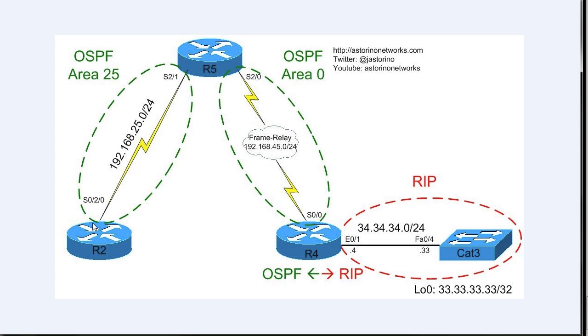So to fix that problem, the reason the Type 4 LSA exists is to tell router 2, how do we get to that advertising router? And that is the job of the ABR here, router 5. So router 5 injects that Type 4 into area 25, and he says, hey, if you need to get to the advertising router 4.4.4.4, you can come through me.